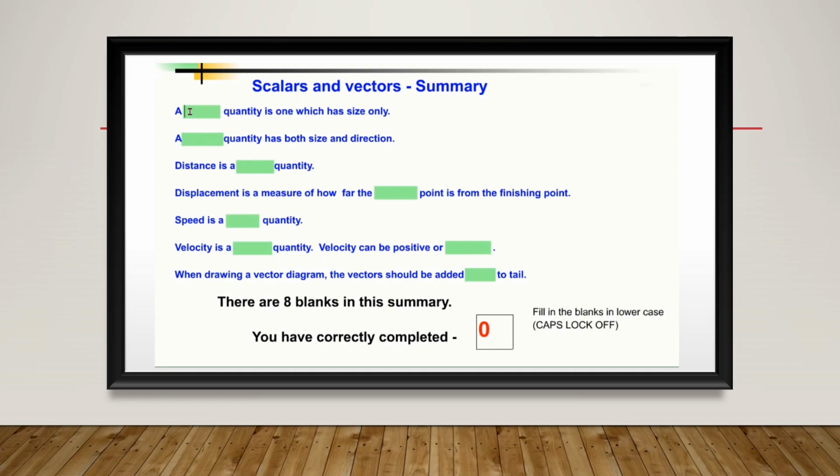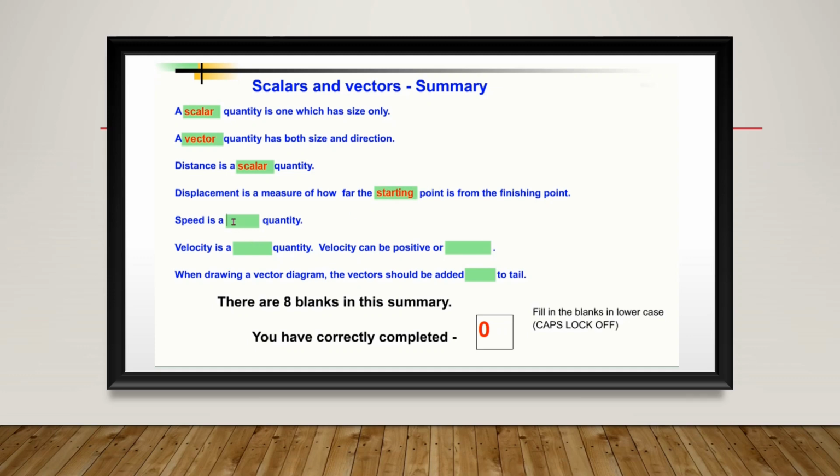A something quantity is one which has a size only. Scalar. A something quantity has size and direction. Vector. Distance is a scalar quantity. Displacement is a measure of how far the starting point is from the finishing point.